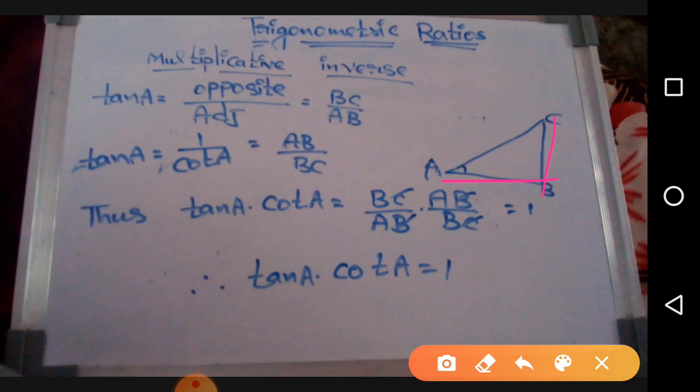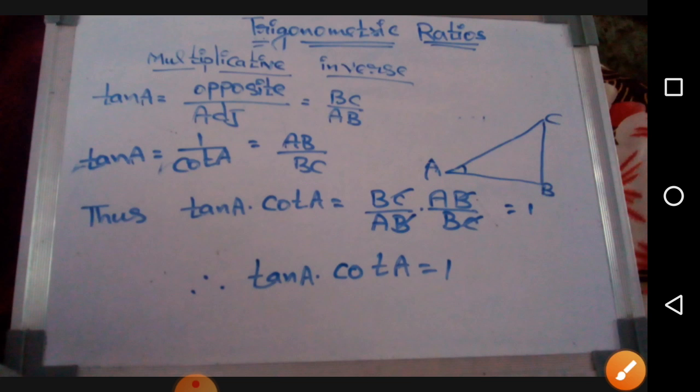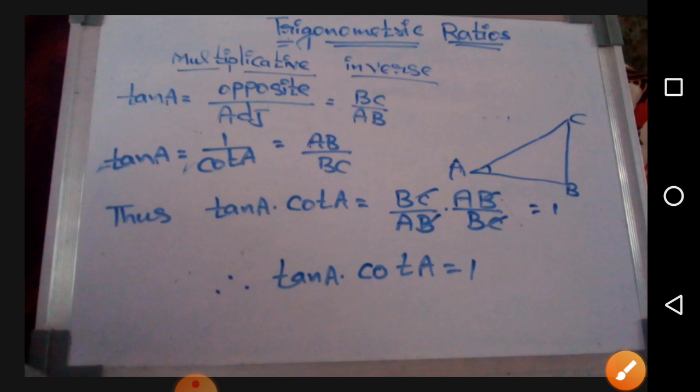So BC by AB and AB by BC. Here BC and BC get cancelled, AB and AB get cancelled, and we are left with 1. This is all about your trigonometric ratios.